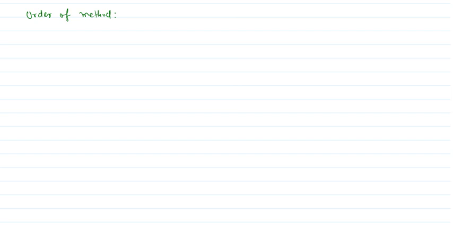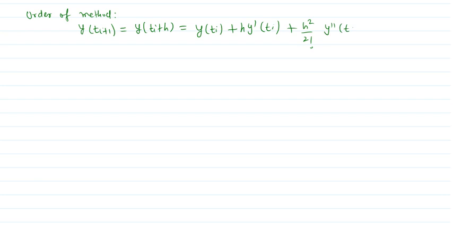We write the Taylor series that I have written earlier about any point t(i+1), which is ti plus h, so this is y(ti) plus h y'(ti) plus h squared by 2 factorial y''(ti), and so on.